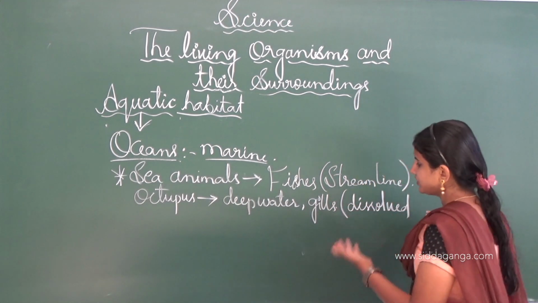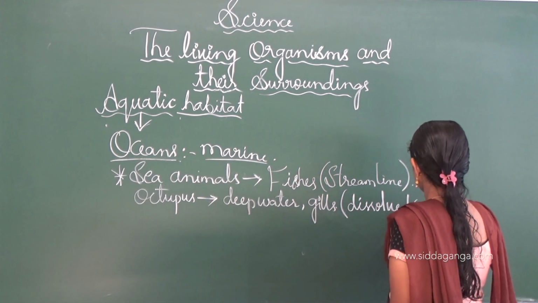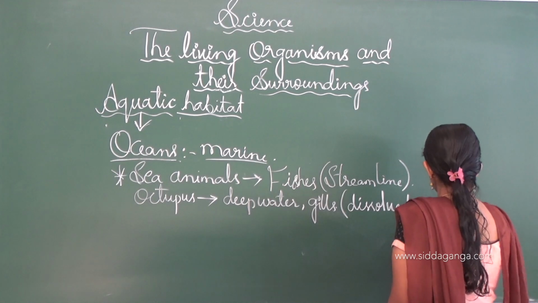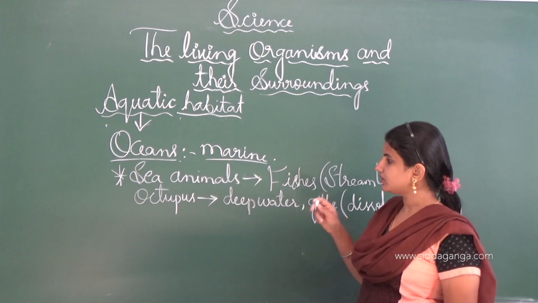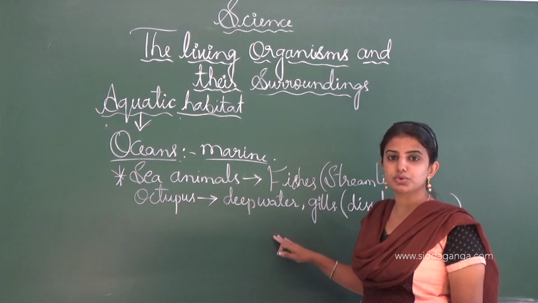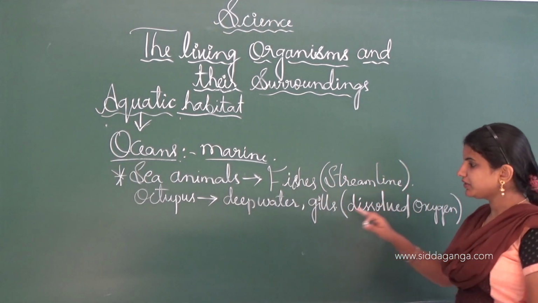Oxygen gets dissolved in the water, so the octopus will use that dissolved oxygen by using the gills.